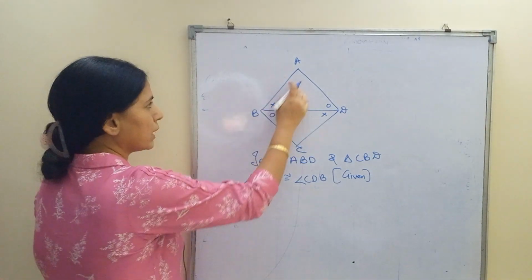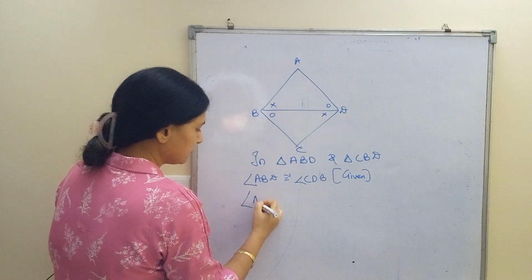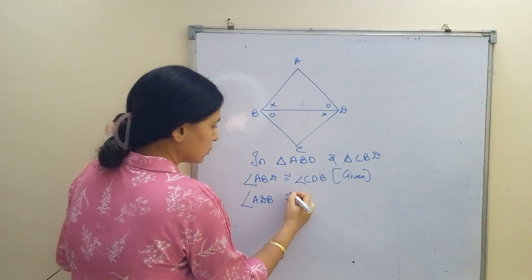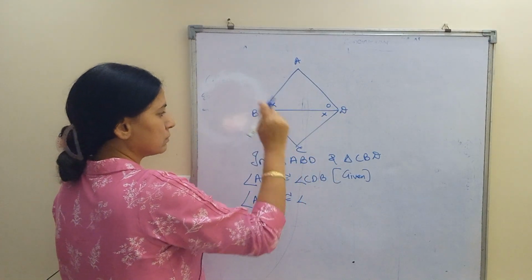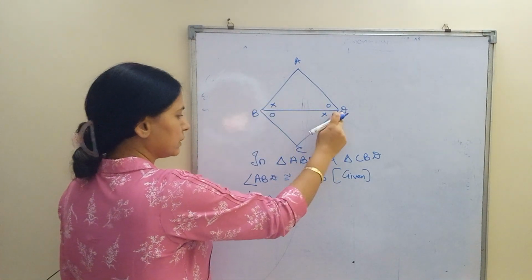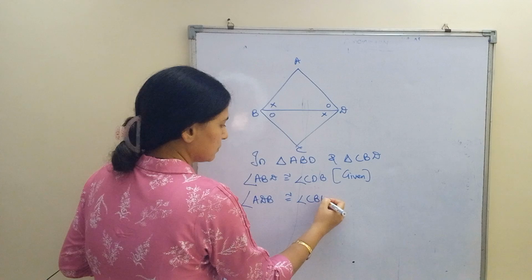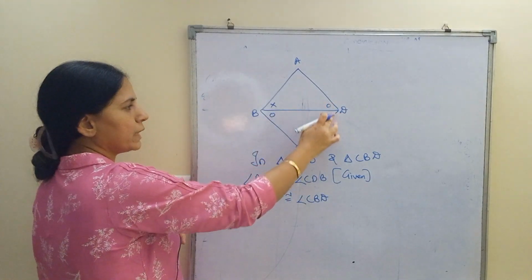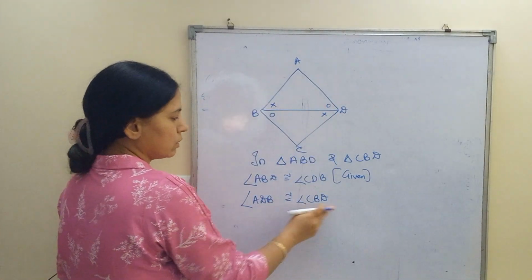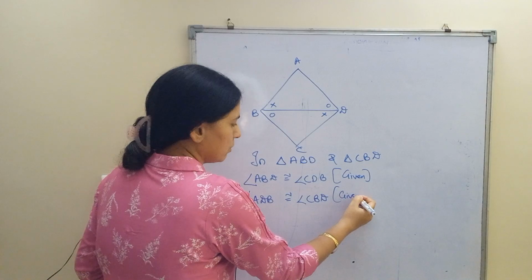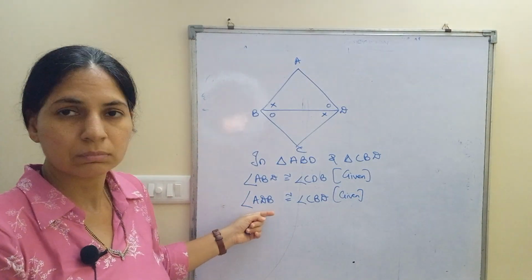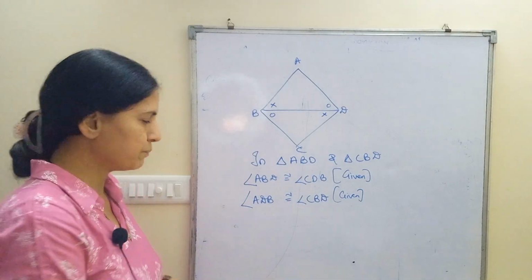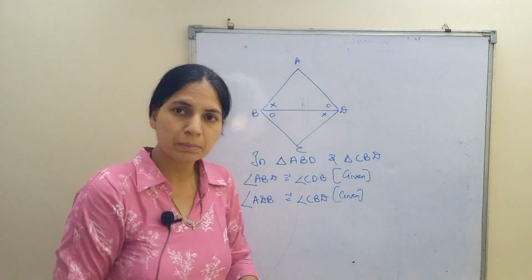Number 2, angle ADB is congruent to angle CBD. Okay, B congruent to D, here D congruent to B. But you have to write in this way, three-lettered.